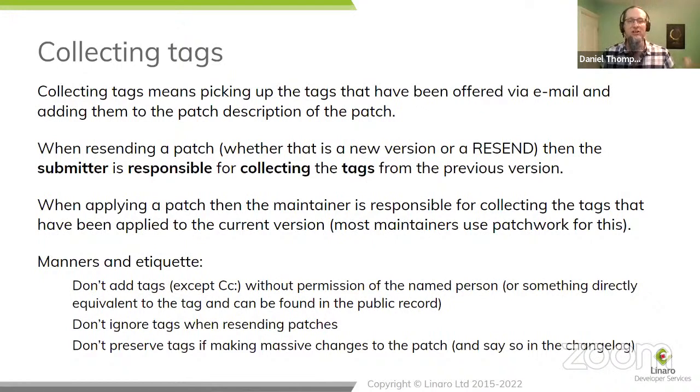When you resend a patch, whether it's a new version or a resend, the submitter is responsible for collecting the tags. So you, as the patch submitter, when you do a resend, have to go back through the mail history, find out who has offered tags to your patch, and modify the patch description to include the tags. It's part of your responsibility to do a resend or a version 2 of a patch.